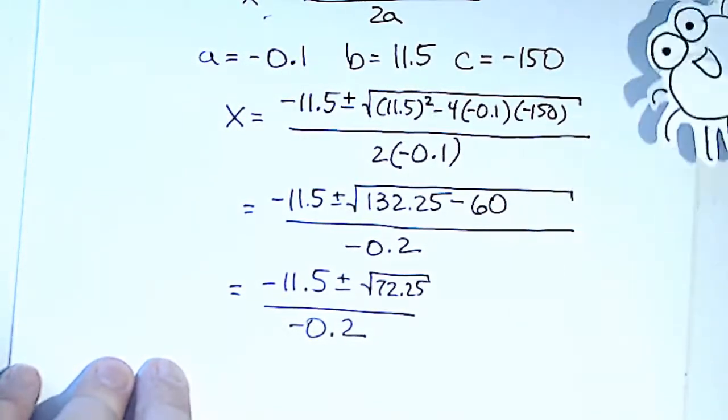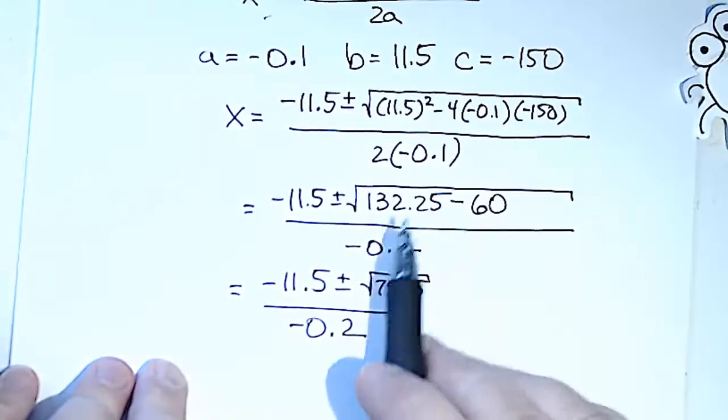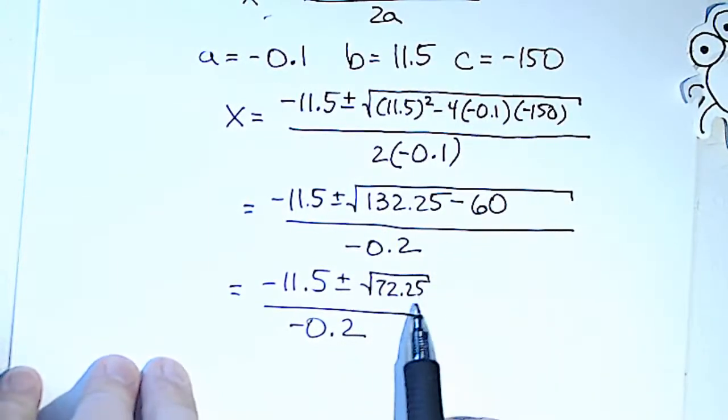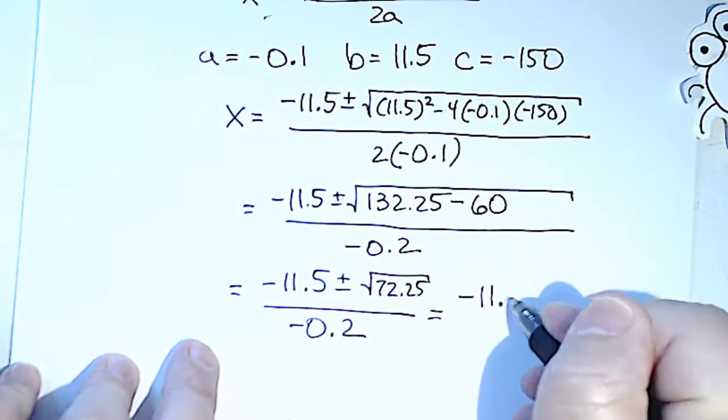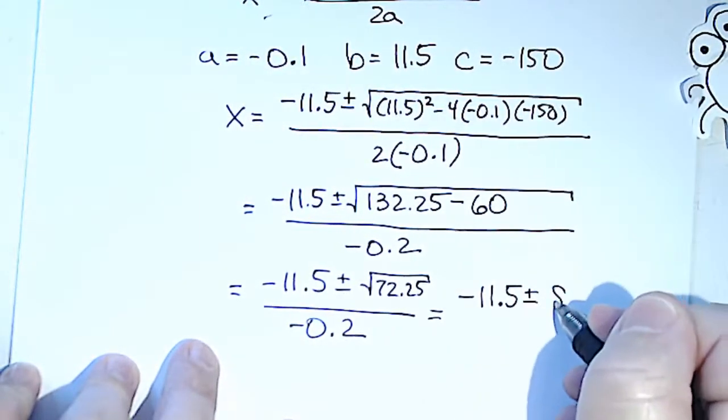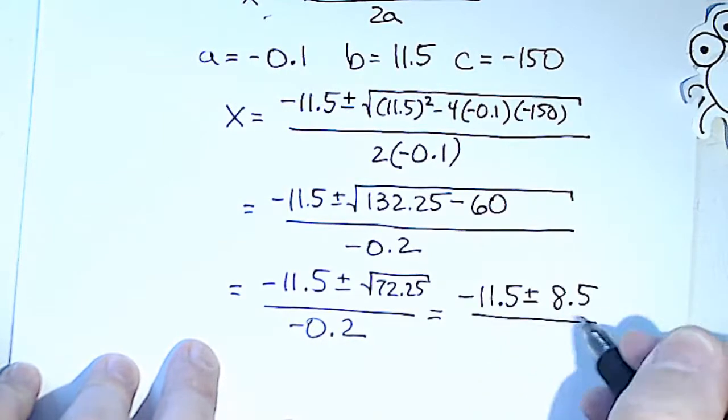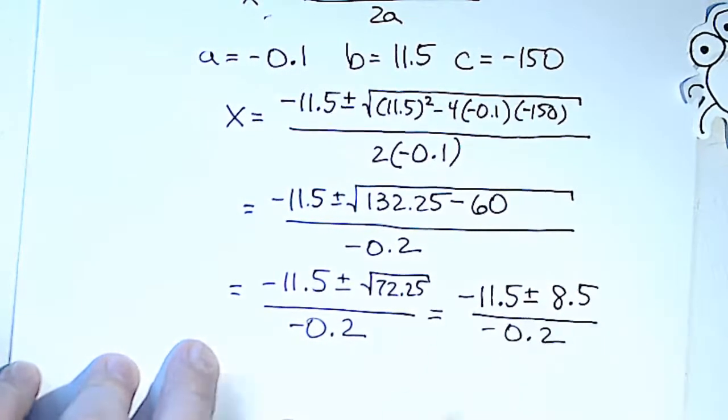Yay, you're almost there. Okay, I got 132.25 minus 60 gives me 72.25, which, on my handy dandy calculator, I can tell you is 8.5. Now, again, this looks like it's just kind of like a nightmare.